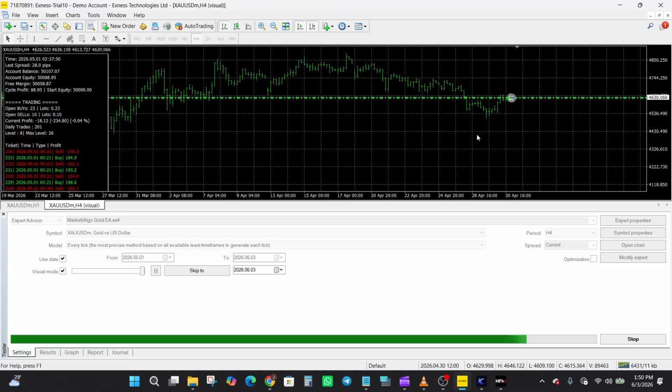But this just shows that the EA is a high frequency scalper, a high frequency trading EA. Traders who are not fans of high frequency trading might not find this EA suitable for their risk tolerance. So your risk appetite should also determine the type of EA that you'll be interested in.